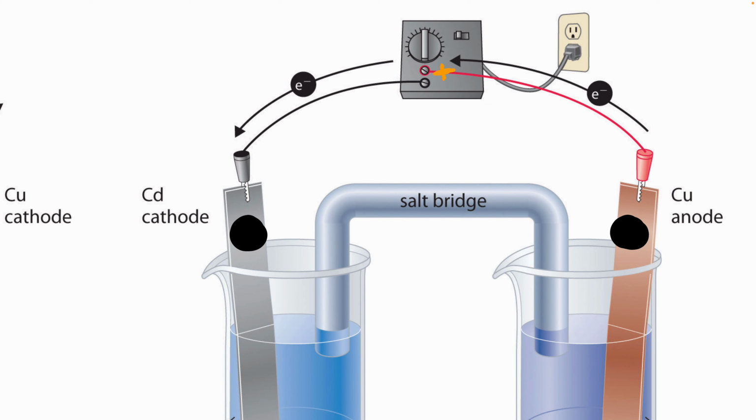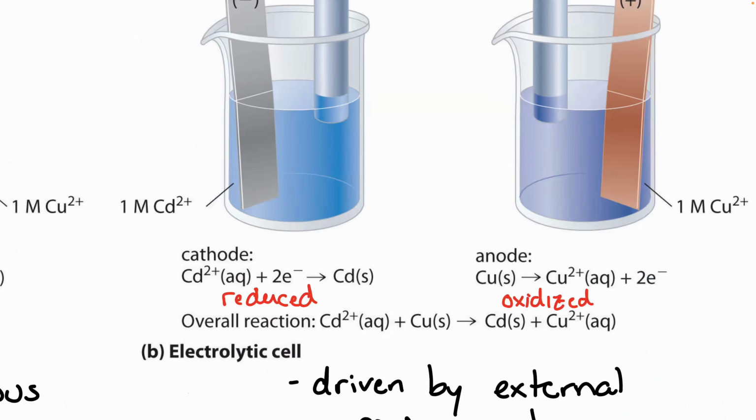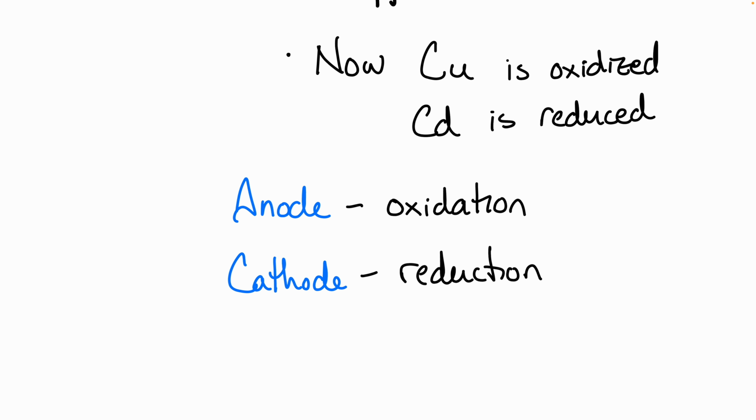All right, so now our anode is connected to the positive end of this power source, and our cathode is connected to the negative end of this power source. So our signs have flipped here. Now my anode is considered to be the positive end of this electrolytic cell, and my cathode is considered to be the negative end of this electrolytic cell.